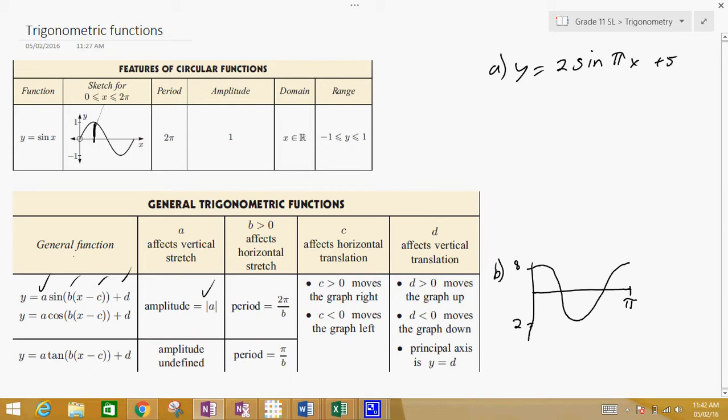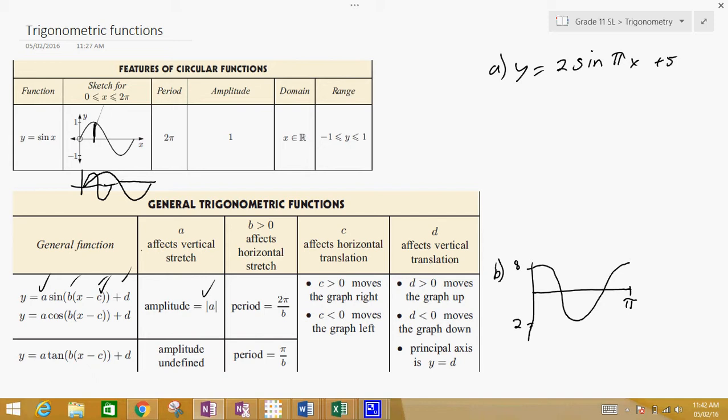The B determines the period, whether it's going to be a period like this or a period that goes a little bit longer and is more stretched out on the x-axis. The C shifts the graph to the right or to the left, and the D shifts the graph up and down. So let's just look at a couple examples so you get more familiar with it.